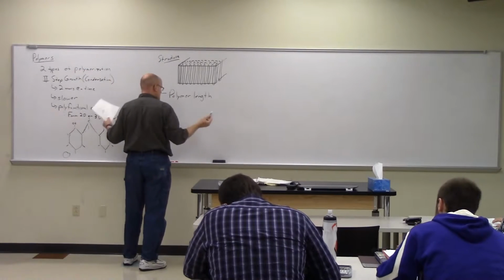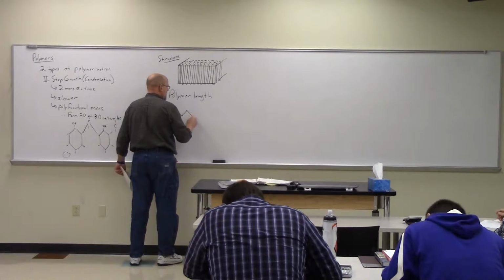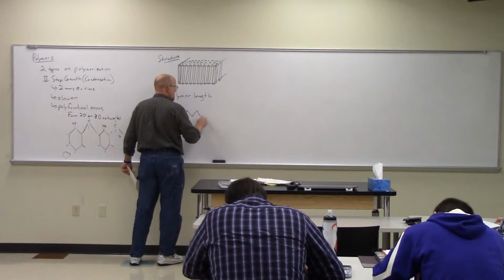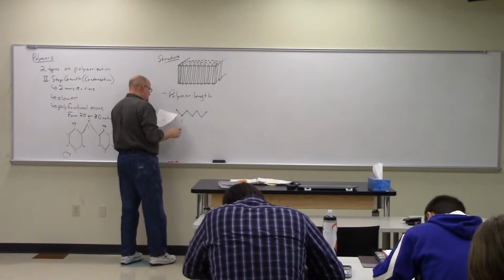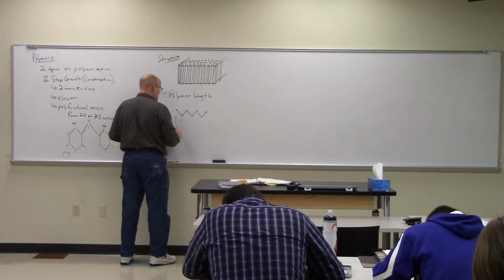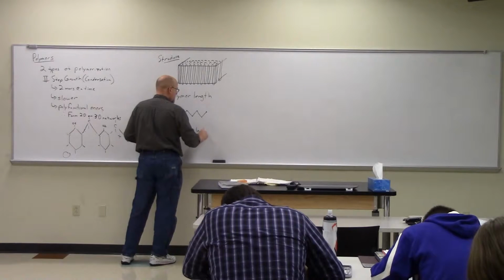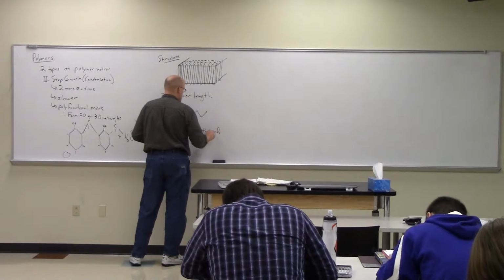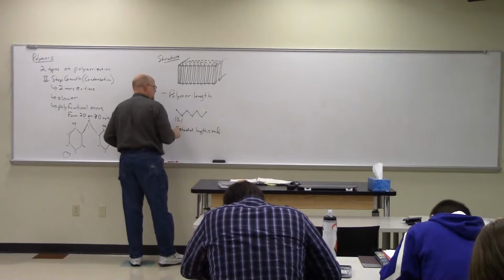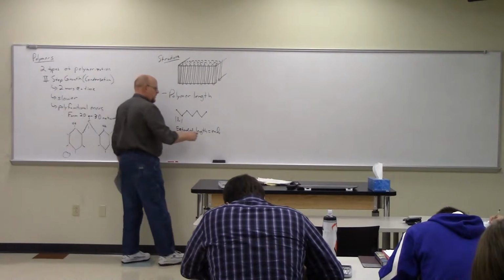If I have the polyethylene that I showed you before, and we know those carbon-carbon bonds have a 109.5-degree bond angle, I can calculate what's called the extended length, which is equal to m times L sub x, where L sub x is the x component of the single bond, and m is the number of bonds.